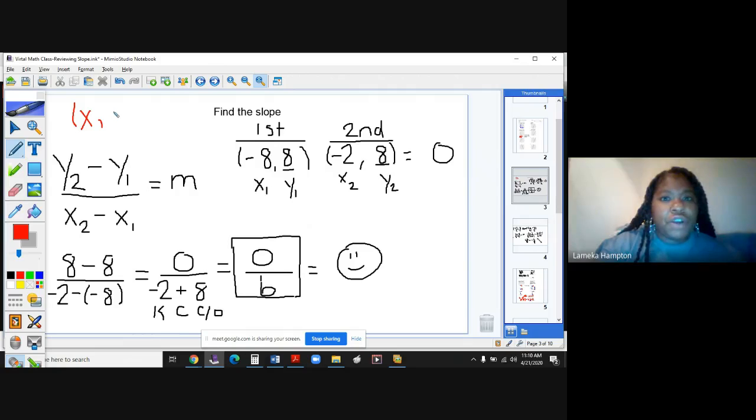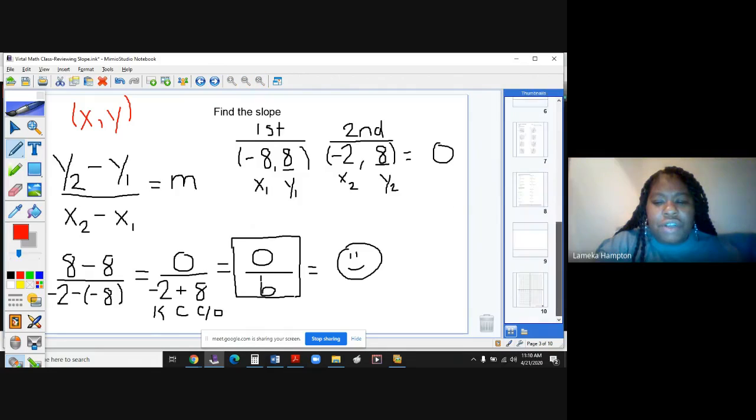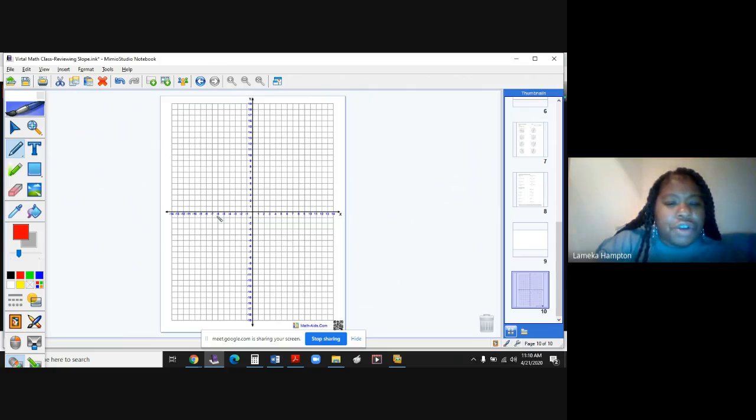Your x is first. Your x represents the numbers that are on the x-axis, which is horizontal. Those numbers go left to right. So depending on how you're looking at this, okay, let me pull up the graph real quick so that way you can see what it is that I'm referring to.